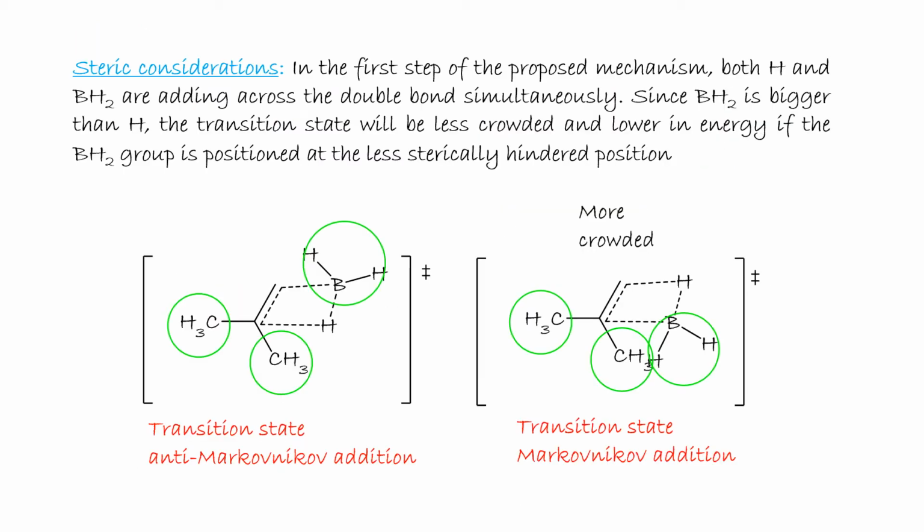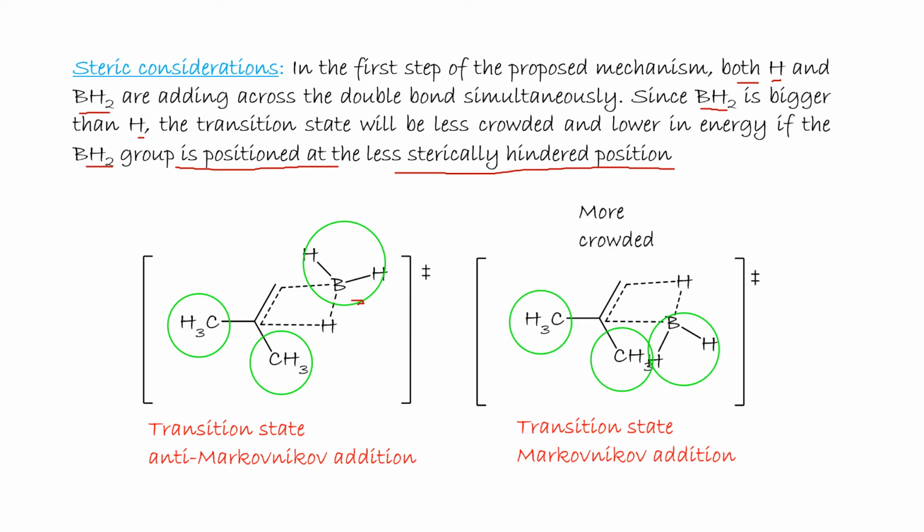Steric consideration. In the first step of the proposed mechanism, both hydrogen and BH2 are adding across the double bond simultaneously. Since BH2 is bigger than H, the transition state will be less crowded and lower in energy if the BH2 group is positioned at the less sterically hindered position.